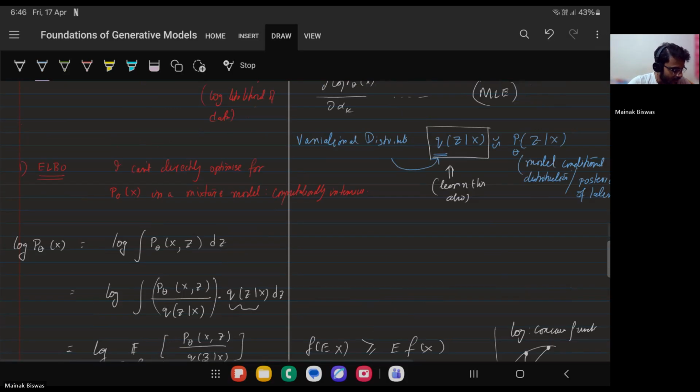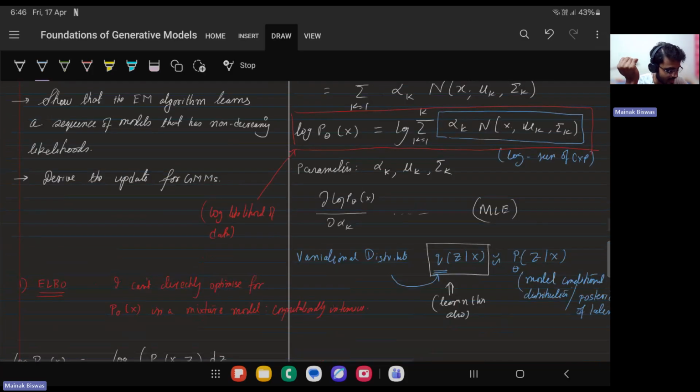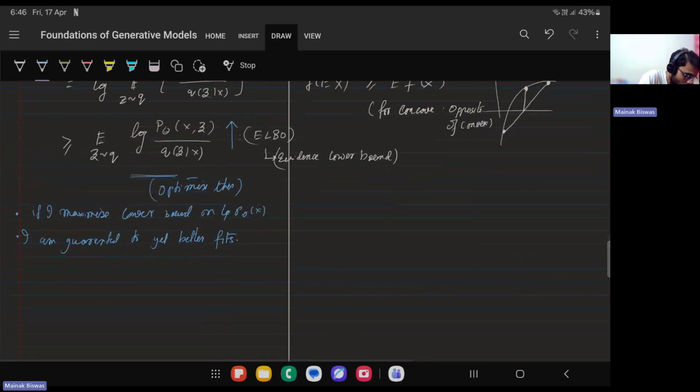Now I have derived the ELBO. Now I will show you that the expectation maximization algorithm will learn an increasing sequence of likelihoods. Now you will tell me you have not even defined what the EM algorithm is. So I'll tell you that the entire algorithm is in the ELBO itself.